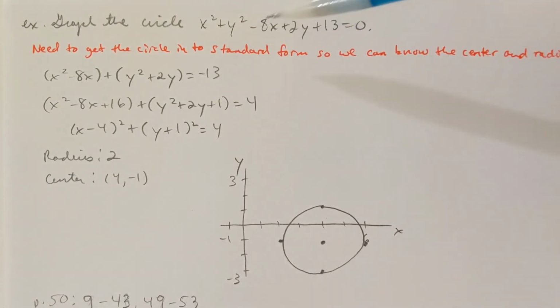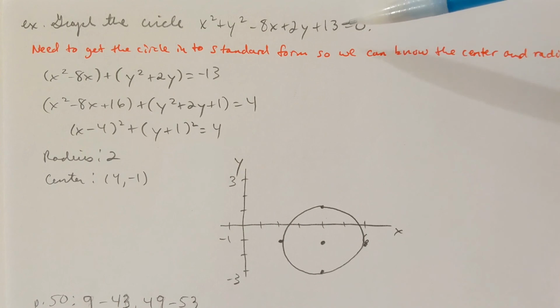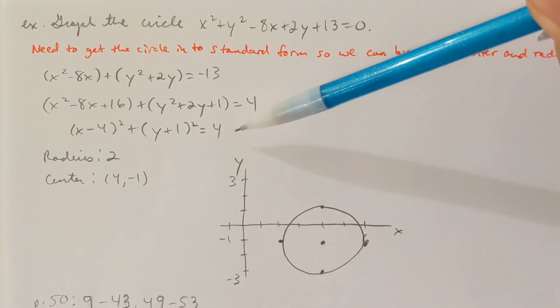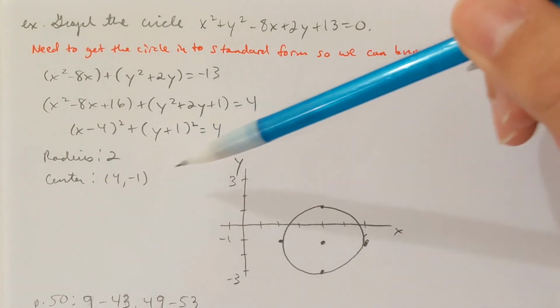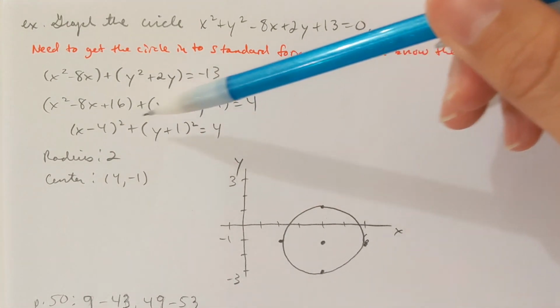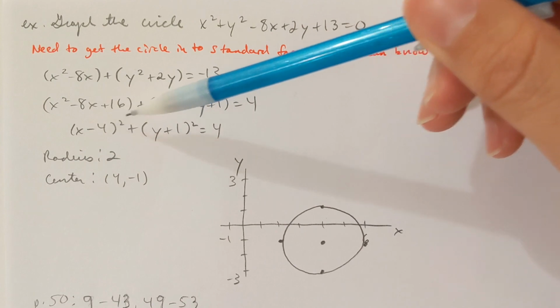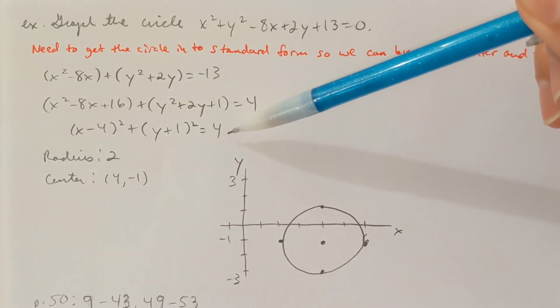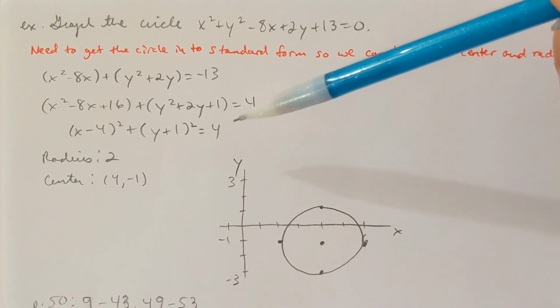So now that I've rewritten this equation from general form into standard form, I can identify the center and the radius. The center (h, k), x minus h squared plus y minus k squared equals the radius squared, is the form I want.